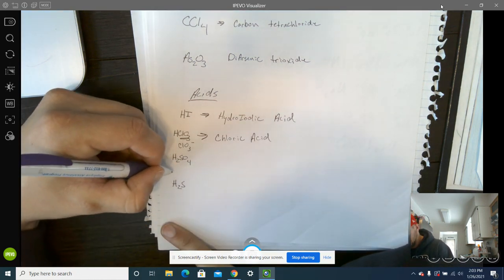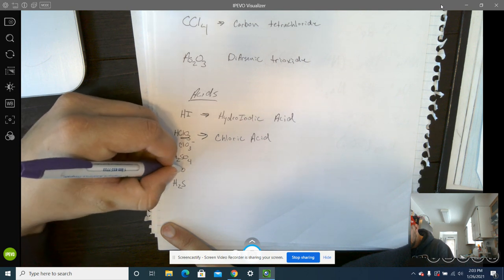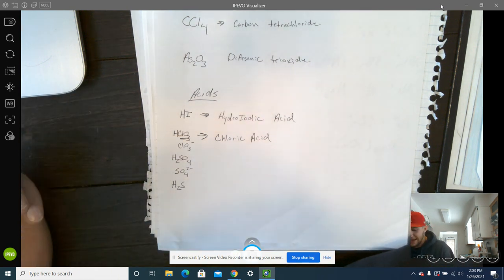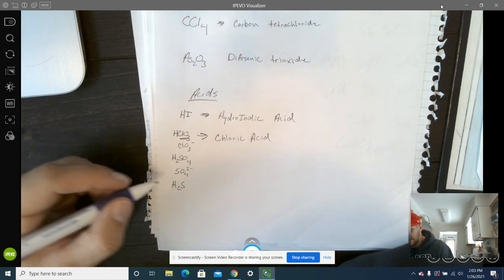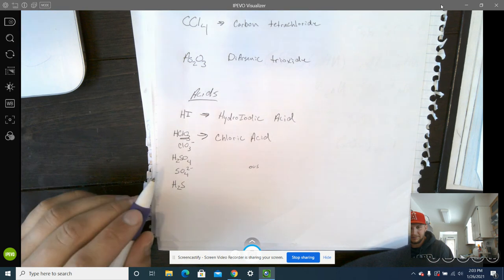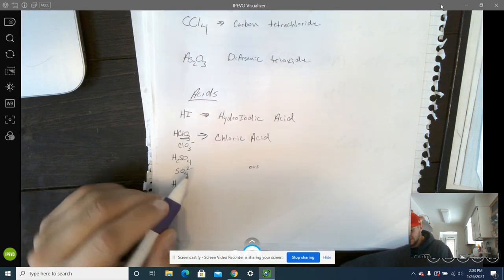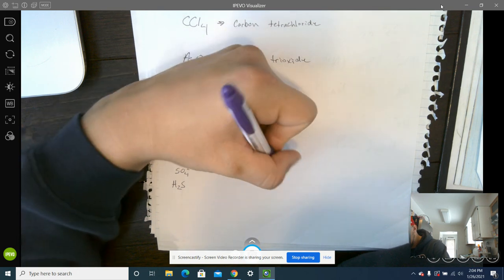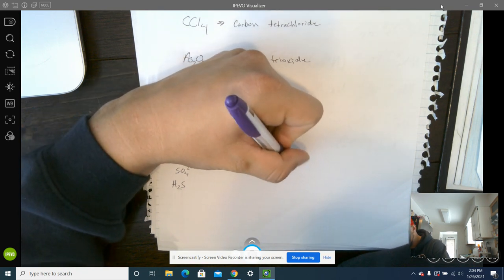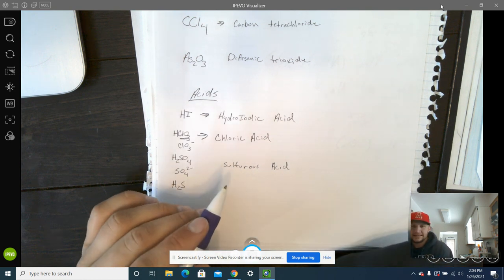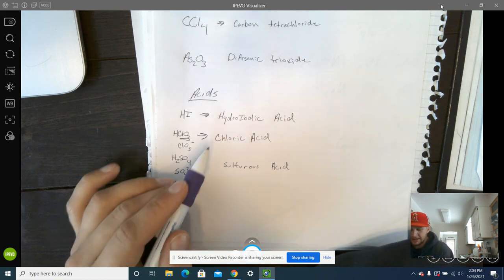If we separate it out, we have SO4, 2 minus. That is our sulfate. So that would make it go to an OUS ending. Okay, so all we're going to do here is sulfurous acid. Remember, OUS ending for an ITE, IC for an ATE.